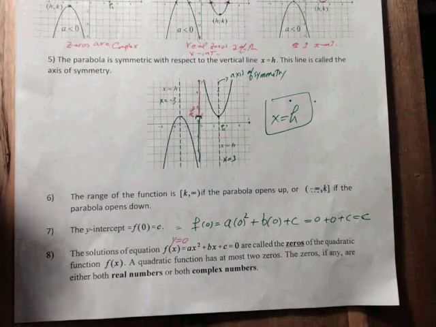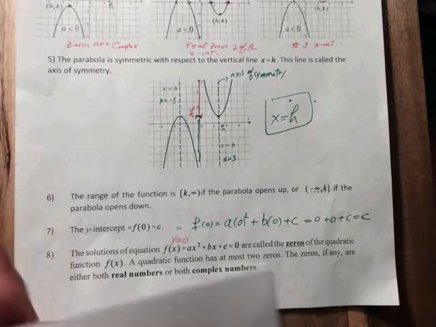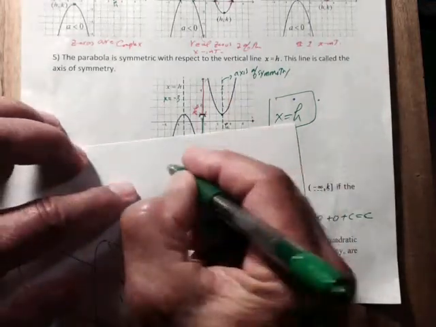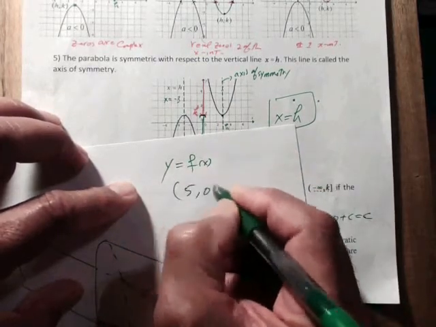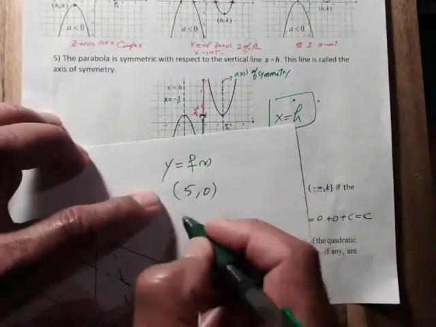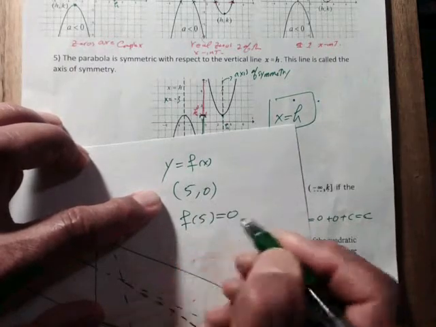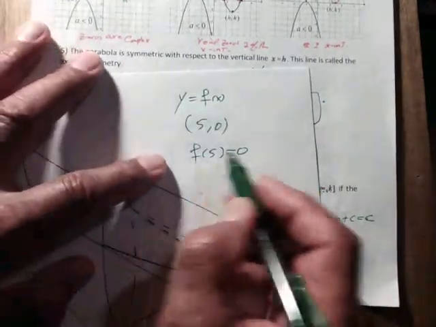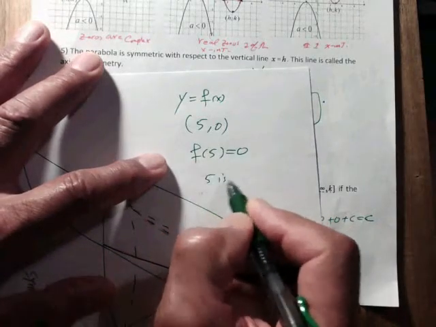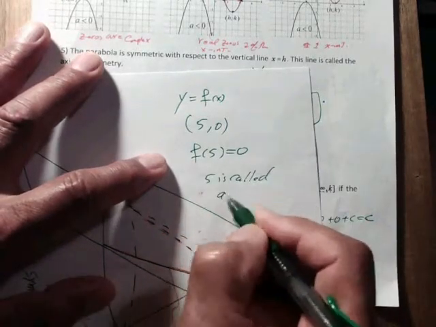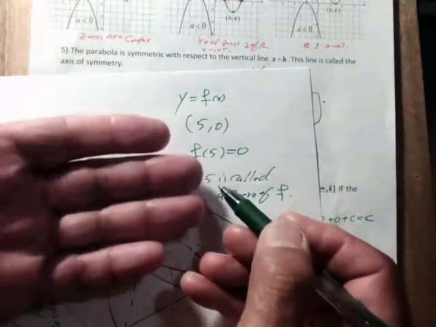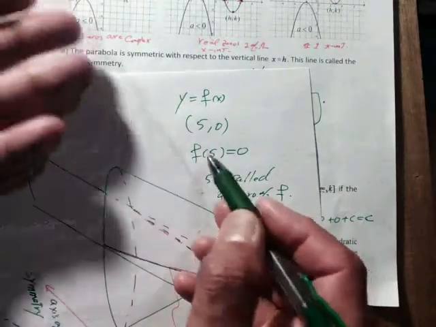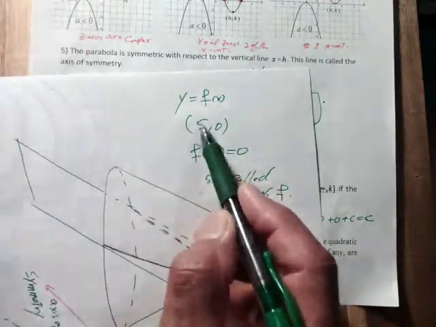For example, if I have y equal to f of x, whatever it is, and the point 5, 0 is on the graph, like f of 5 is 0, then 5 is called a zero. It doesn't mean that 5 itself is 0. No, the y value corresponding to that x value is 0. Okay, so that's the terminology.